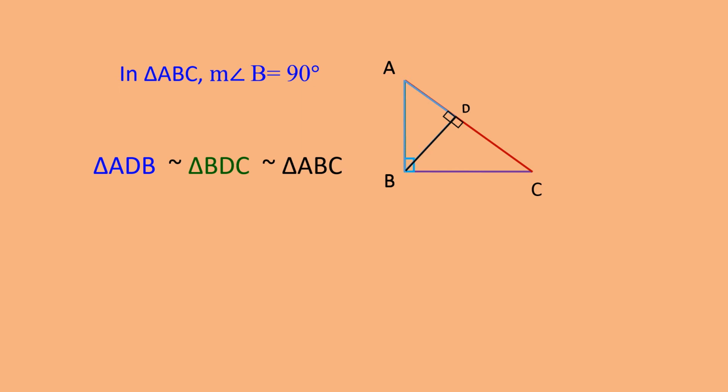Now let us learn how to get one-to-one correspondence properly for such figures. So we have taken vertices A, B and C. You will find that at vertex B the right angle is formed. I am talking about triangle ABC, the original triangle. At B the right angle is formed.